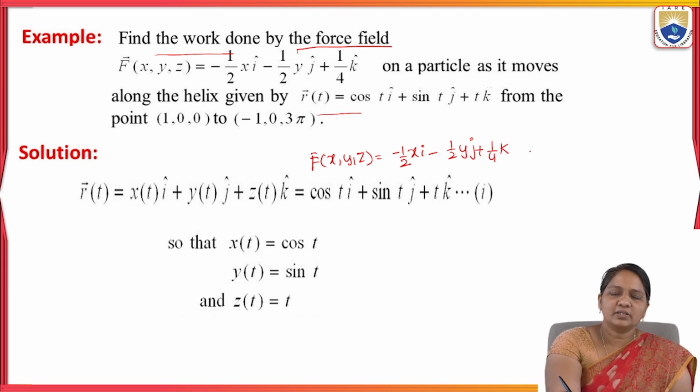What is the helix they have given? r of t equal to cos t into i plus sin t into j plus t into k.